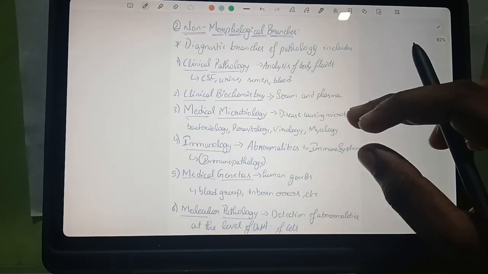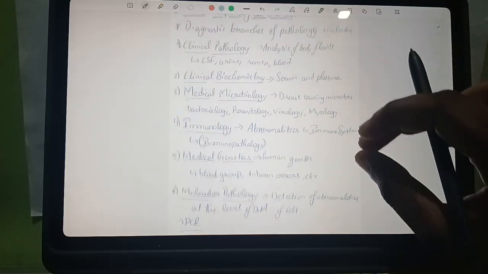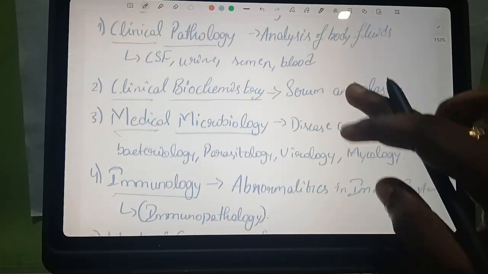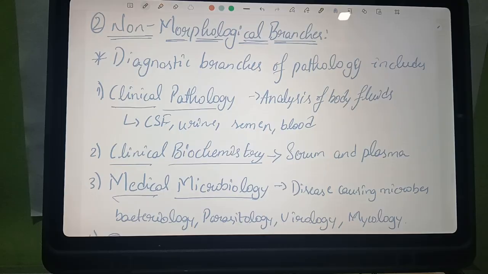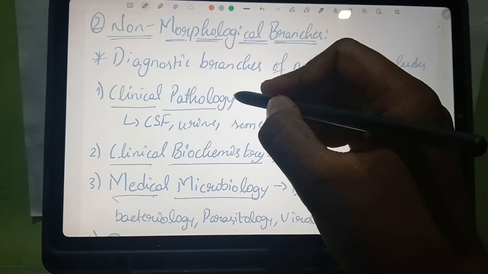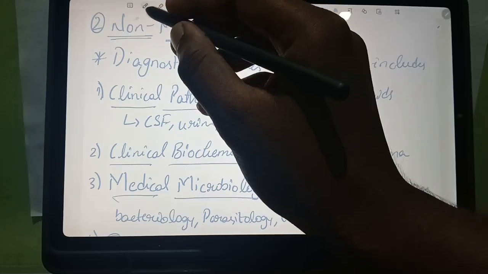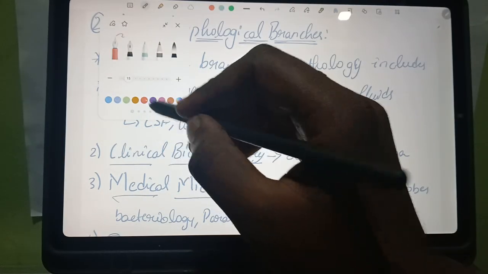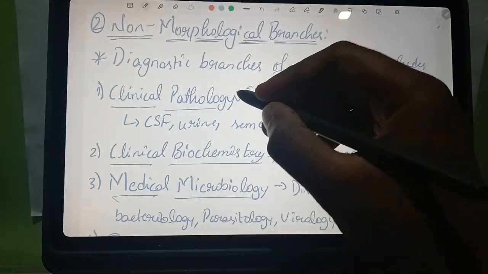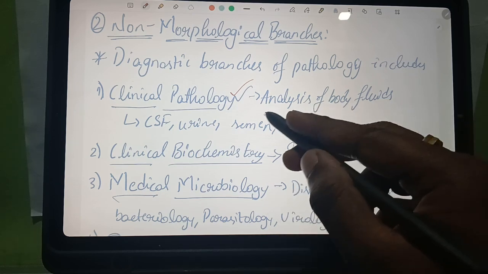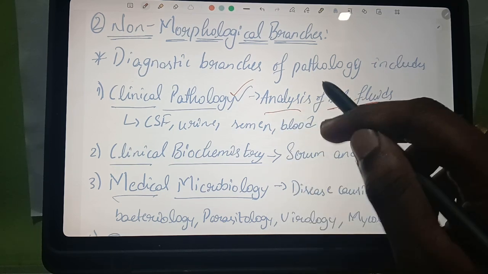In non-morphological branches, there are totally seven branches. In that, first one, clinical pathology. It is analysis of body fluids.